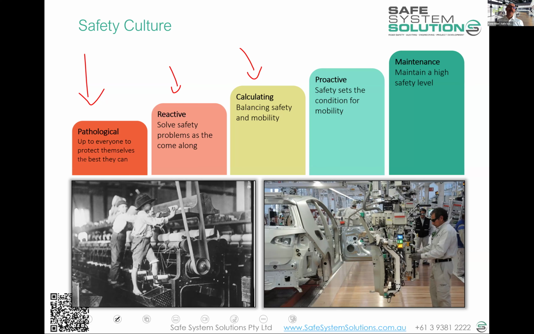But it wasn't reactive. You didn't only put a school speed zone where kids were killed. It wasn't calculating in the sense that it is actually really bad economic investment under current transport economic models. It's grotesque, but if you use normal transport economic models, there's just not enough kids killed to warrant the slowing down of the vehicles through that area.